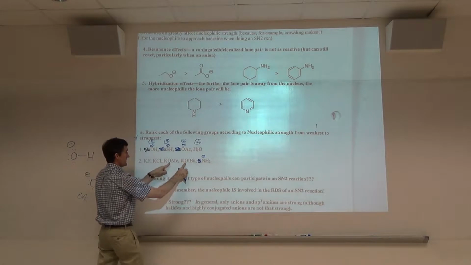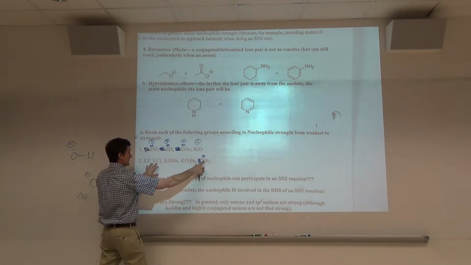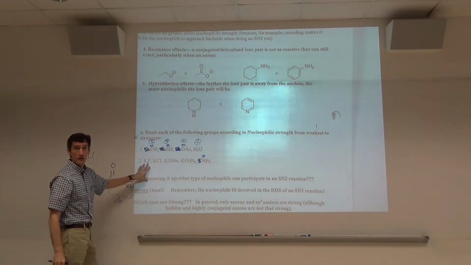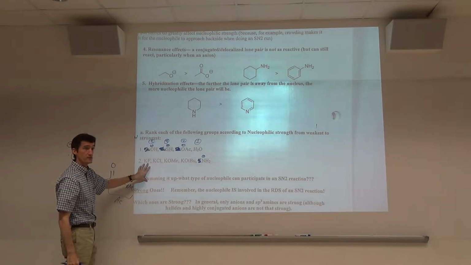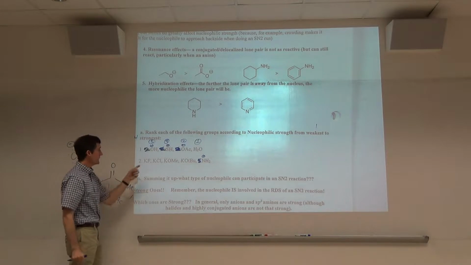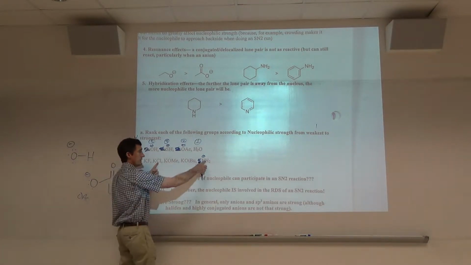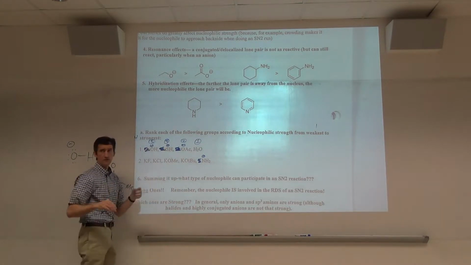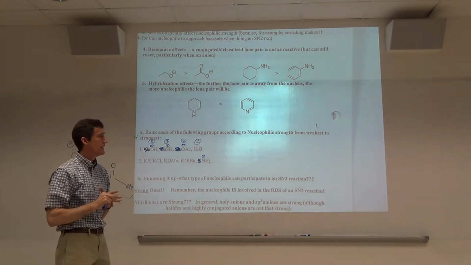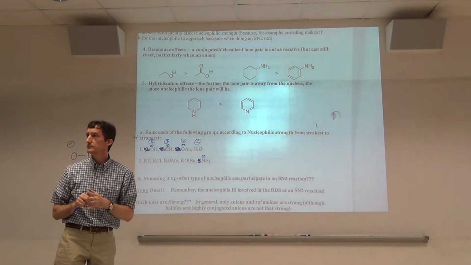So that's stronger than these two. Is this stronger than F minus? Yes. Sure. Because F minus is a great parent. Holds those electrons tight. What about Cl minus? Yes. See, here we're not going straight across or straight down, we're going quarter diagonal. In the end, what does your intuition say?